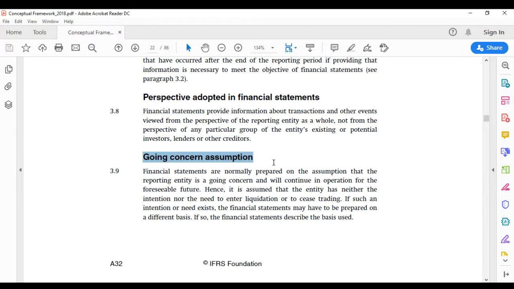Obviously, we're not going to be paying interest into the future, which we might have calculated already. But in the case where we are going to continue trading into the future, we are not going to use liquidation values. In other words, what we can sell it for today in the case of an asset, or what we need to settle a liability with today, but rather what are the economic benefits that can still be provided by this asset into the future.